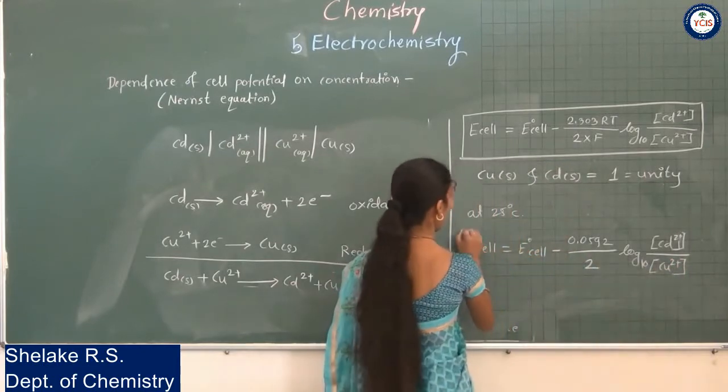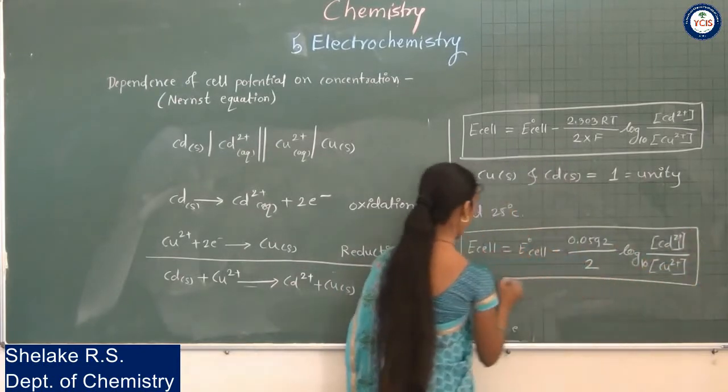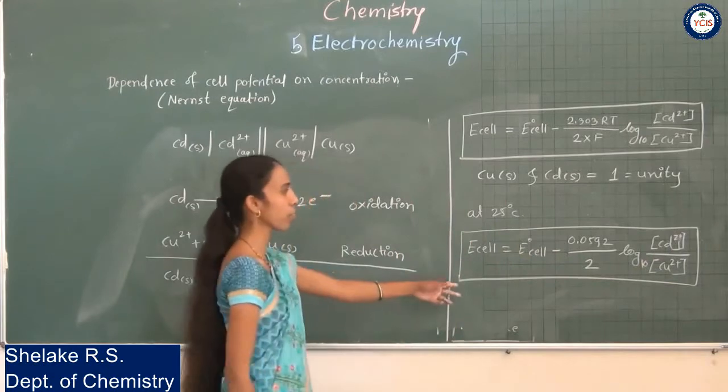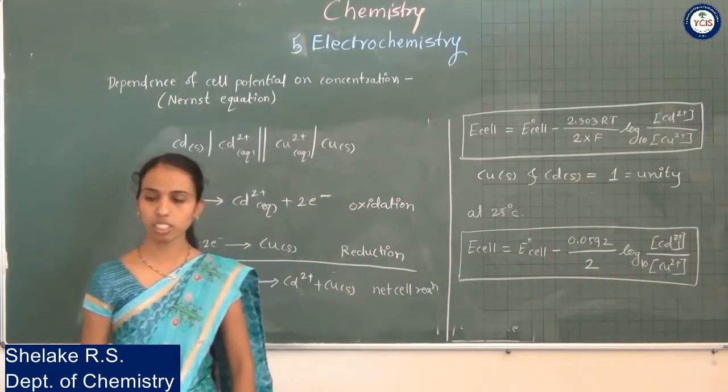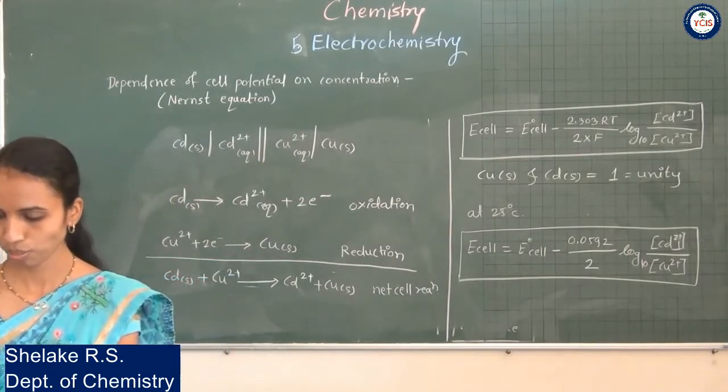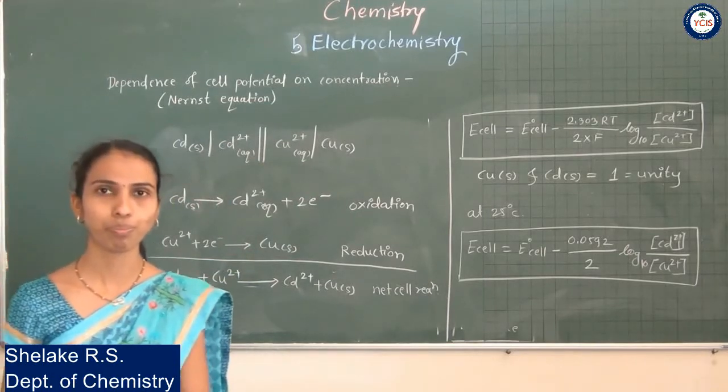So this is the Nernst equation for a given cell. In this way you can write down the Nernst equation for the given cell. Okay, so we'll stop here.